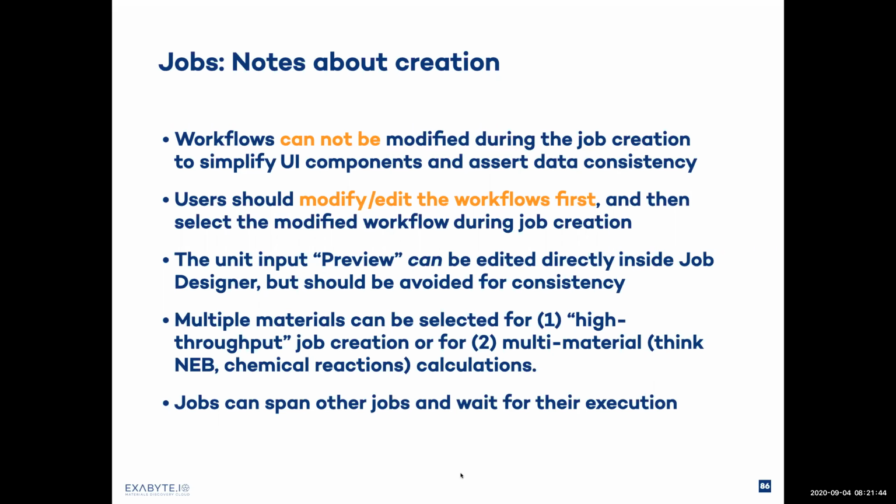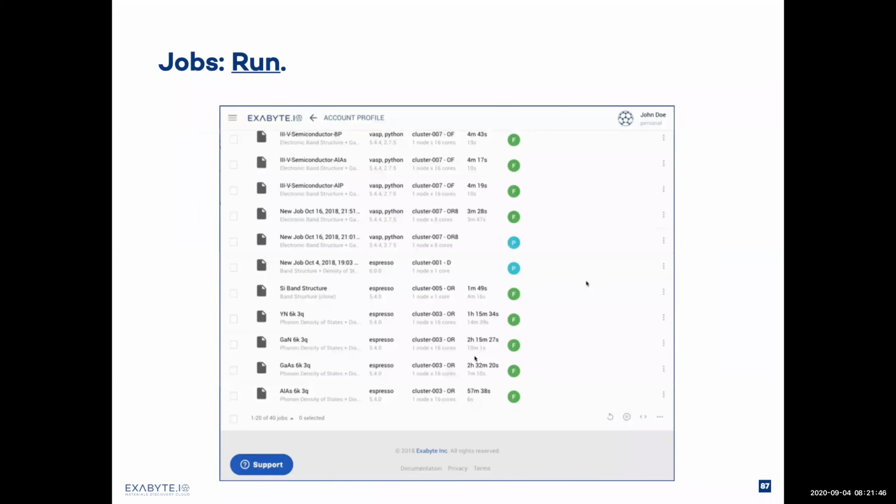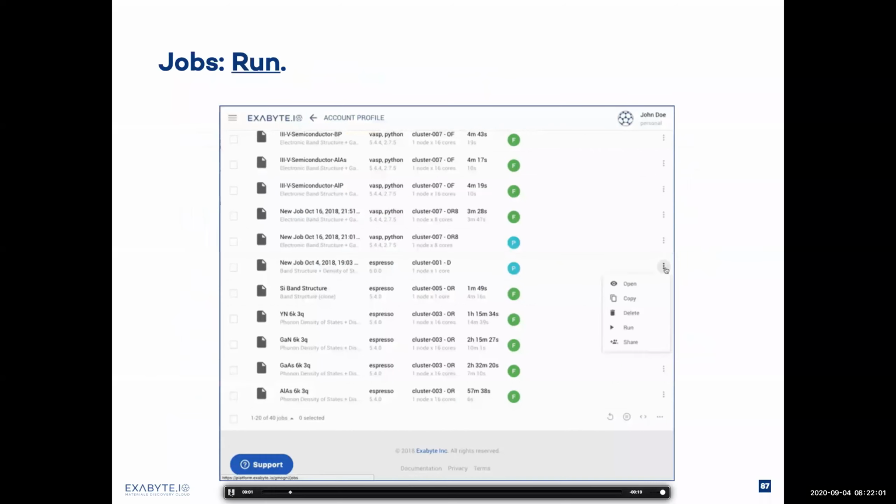So now, once we have created a simulation job, it shows under the list of jobs, and initially it has the status pre-submission, which is shown in bright blue with the letter P. So what we can do then is select the item, click on its dropdown in the list, and then click on Run to submit this job for execution.